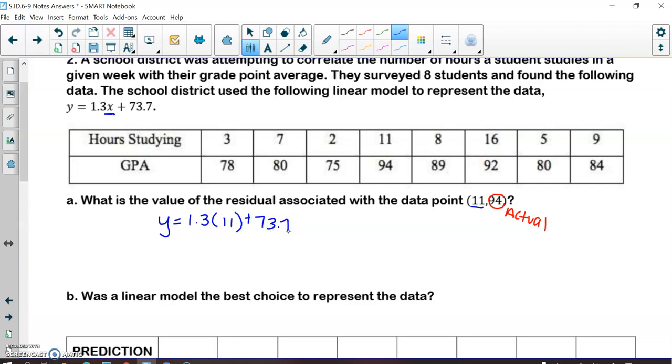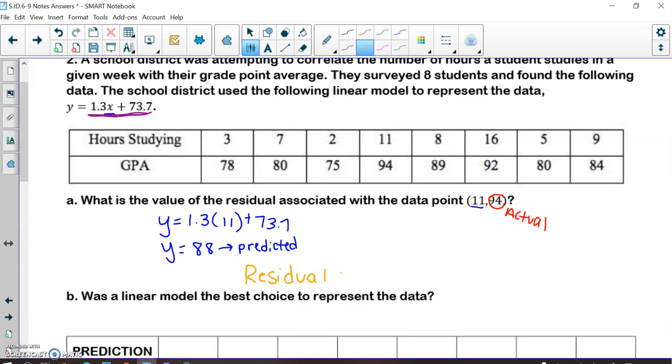If I do that, we get the predicted y value to be 88. This means that if a student studies for 11 hours, the linear regression model predicts that the student's GPA would be 88.